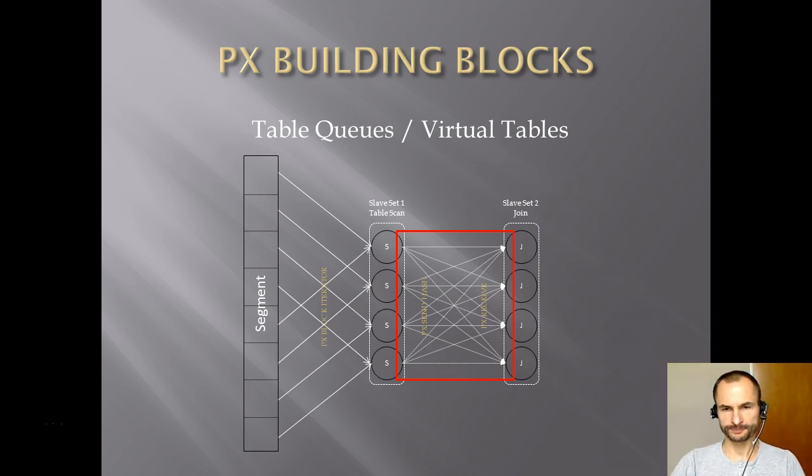This is true for a single instance. If you think about a cluster database with multiple instances, then these table queues also involve network traffic, because the data might have to be exchanged between these different instances.